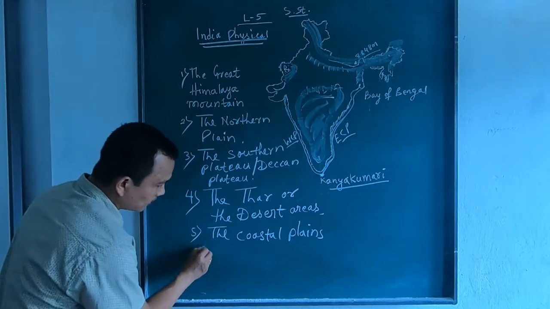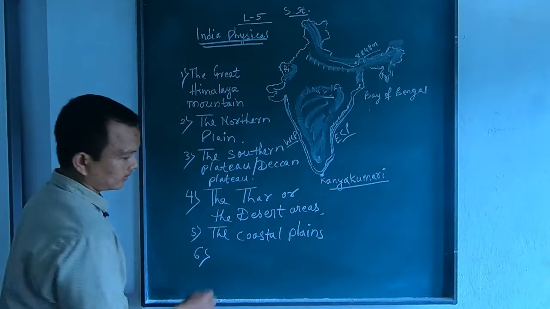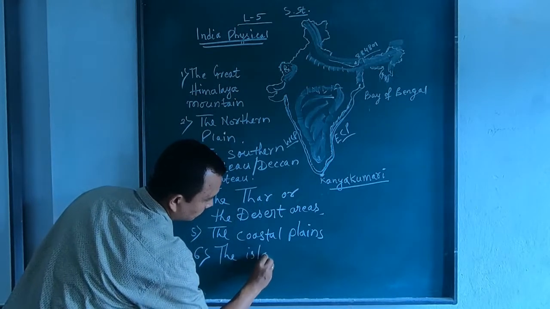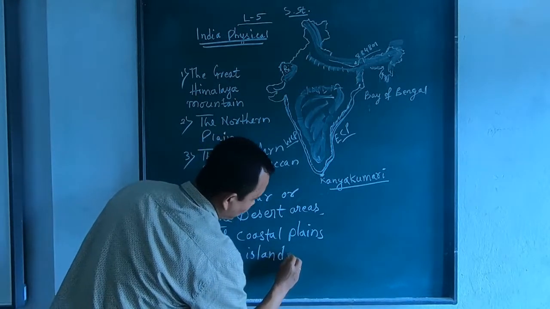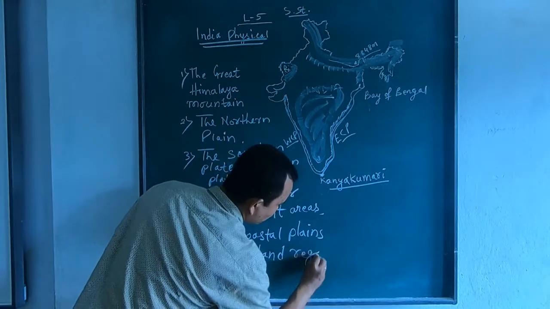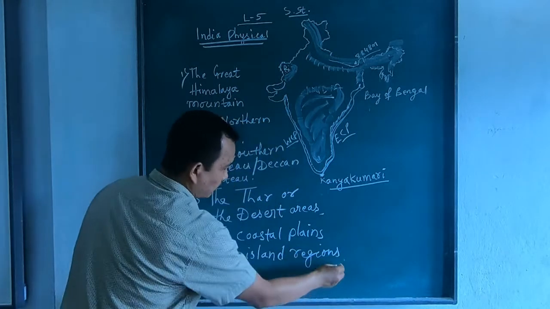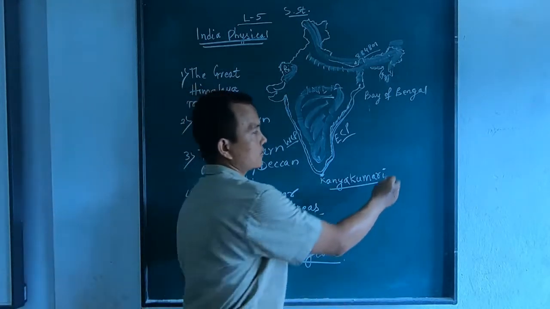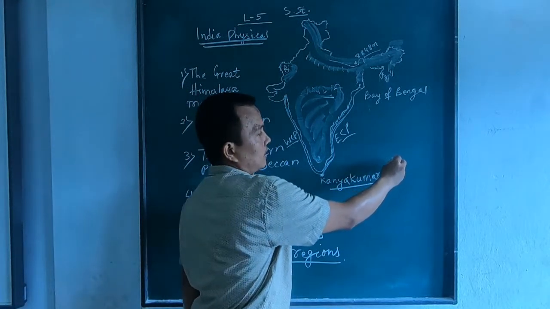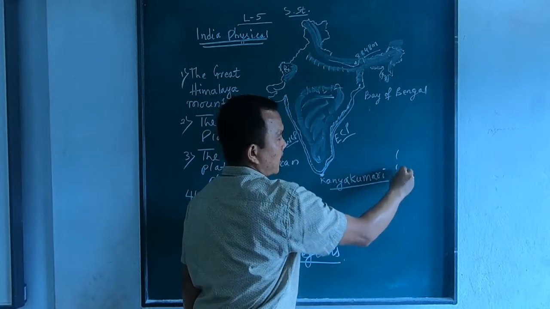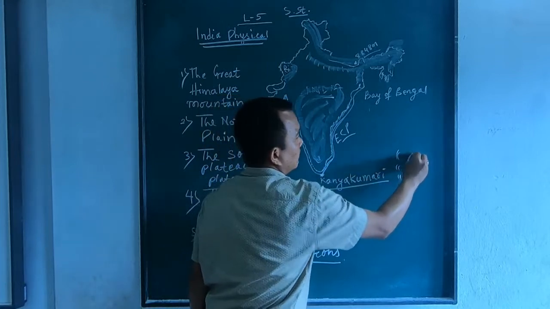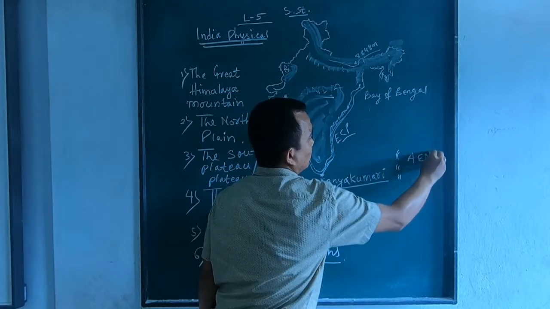Now number 6 is the island regions. We have a few islands in the country. One is Andaman and Nicobar Island. It is found here.